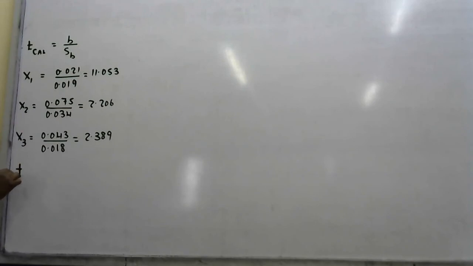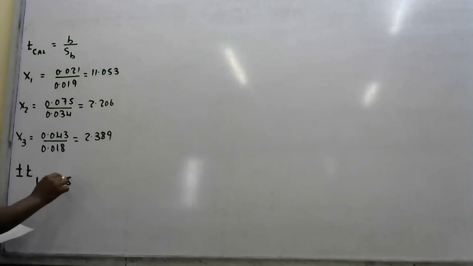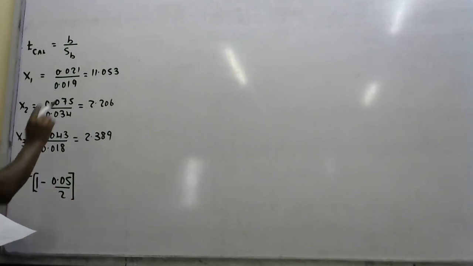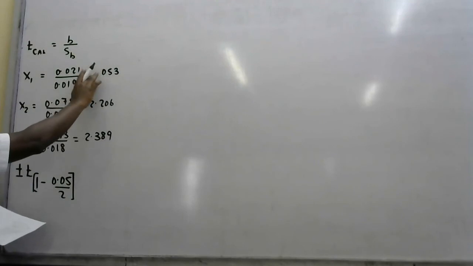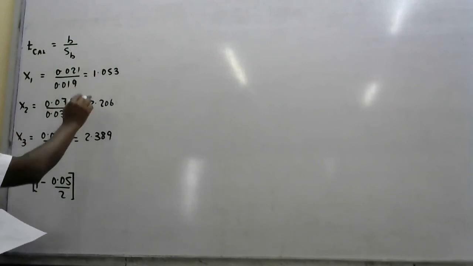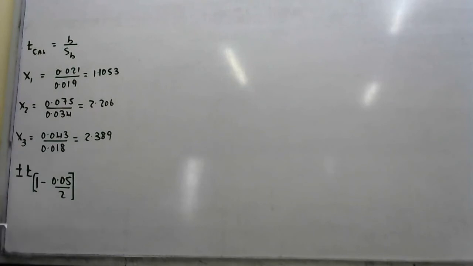So plus or minus t at 1 minus 0.05 out of 2, n minus k.